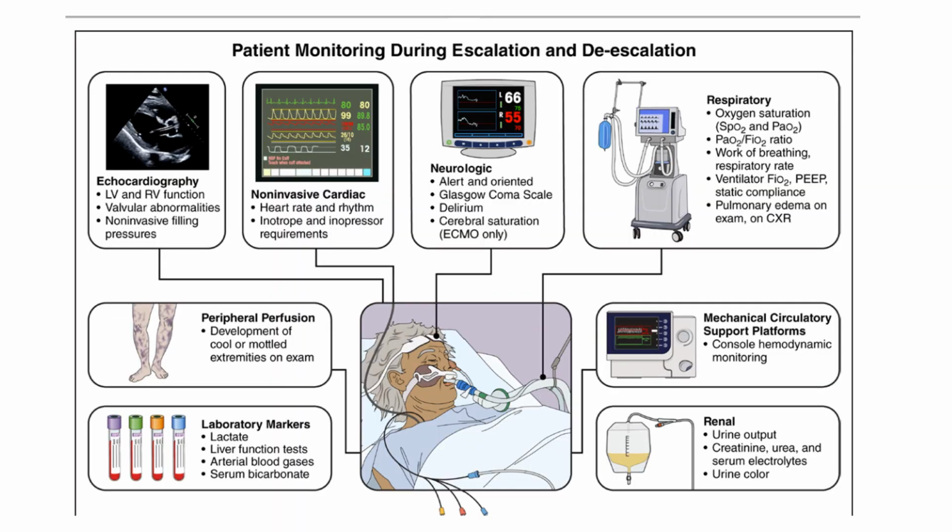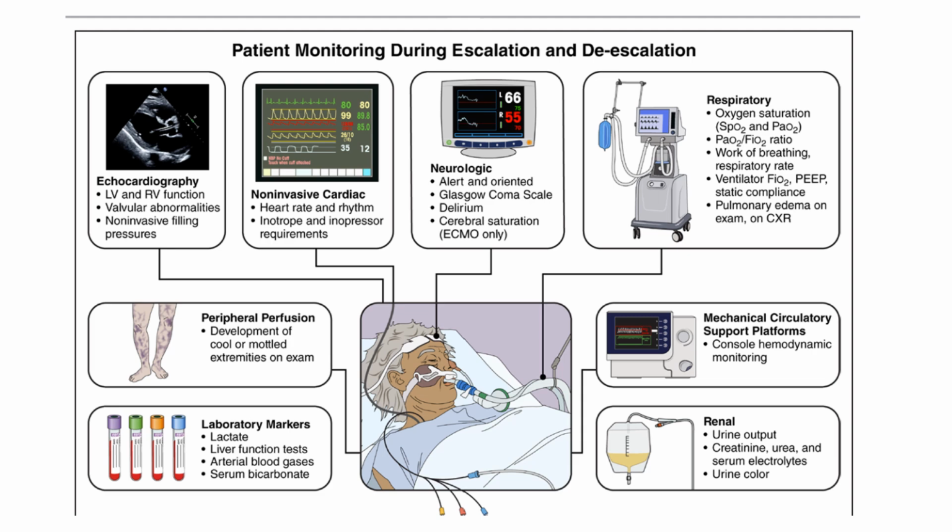I like this picture here. It's from an ECMO paper, and I can link it in the bottom if you guys want to read more about it. But basically, this little infographic shows what you do to de-escalate and escalate on ECMO. But most of the principle, we extrapolate and pull for cardiogenic shock as well.